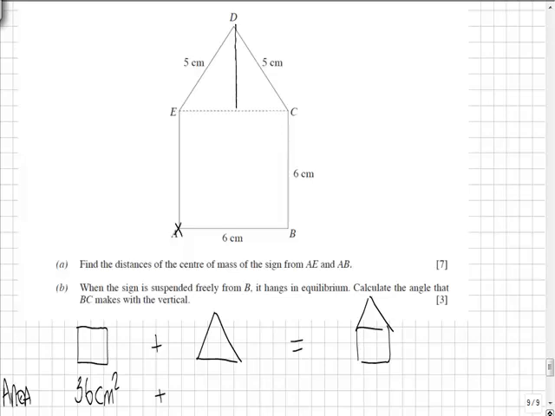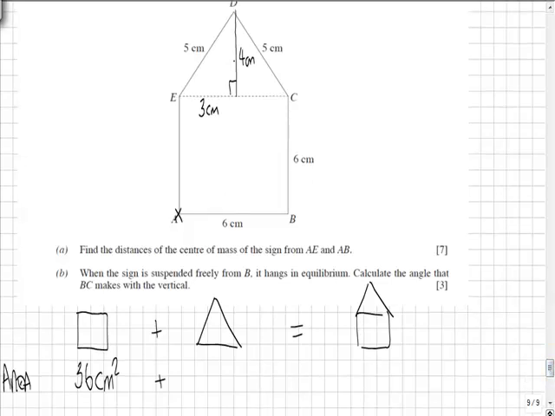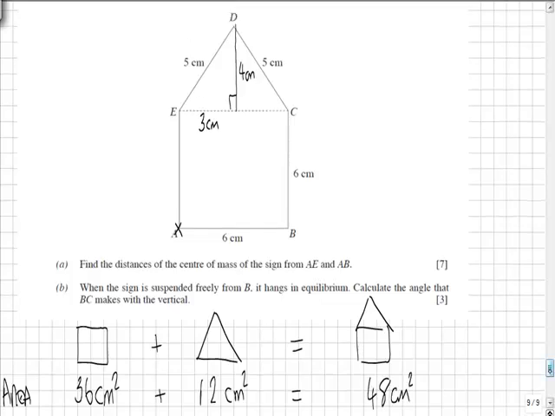If I drop a perpendicular in here, I note that it is isosceles, so this would be 3, splitting the base in half, and then I can immediately see that this must therefore be a 3, 4, 5 triangle, a Pythagorean triple. So that allows me to calculate the area of the whole triangle. Half the base, 3, times perpendicular height 4, is 12 centimeters squared. Total area of the shape, 48 centimeters squared.